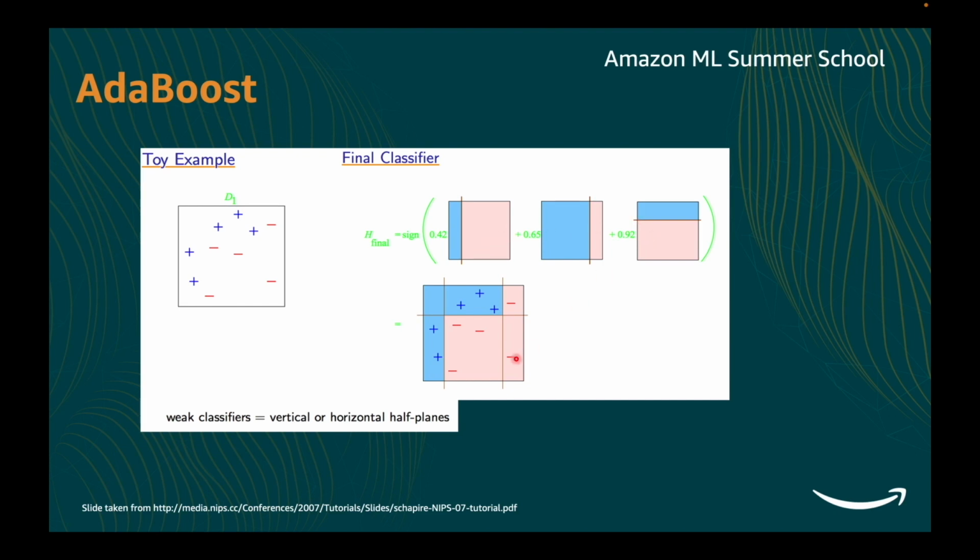The combination of them ends up with this very nice classifier over here, which in the end is able to make a very high quality prediction. And so you're able to get a final model which has very low bias and high training accuracy as well. And usually this is a model which also generalizes well and does well on the test dataset as well.